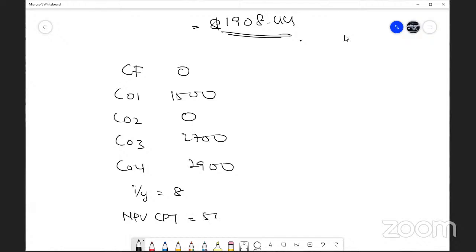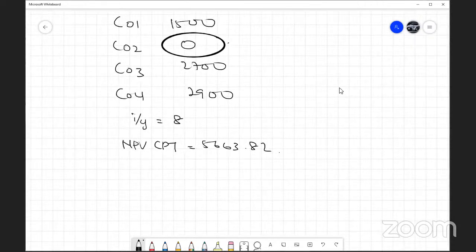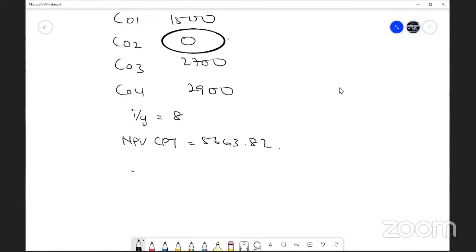You should get 5663.82. So 5663.82 is the total of all these other than this one, since you don't know your cash flow too. So you still need to take the 7,300 minus 5663.82 to find your 1636.18. And this 1636.18 is considered as PV.